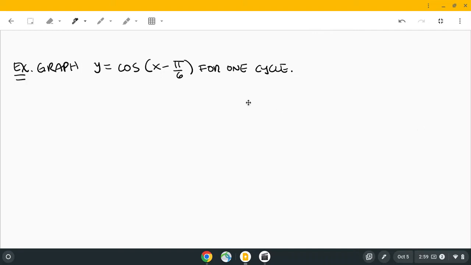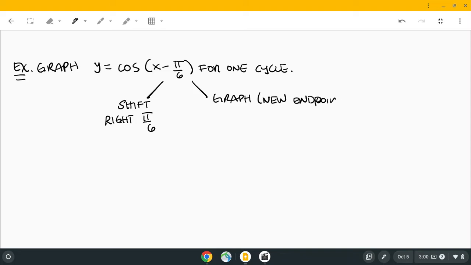All right, so again, if we look at this from a shifting perspective, then this is going to shift to the right because it's negative, to the right, pi over 6. If we're going to look at this from a graphing perspective, we're going to get new endpoints.